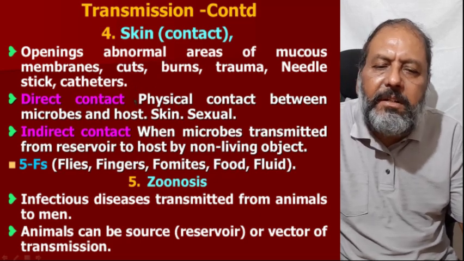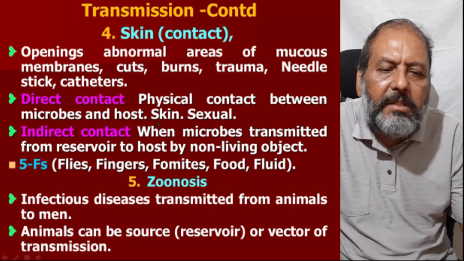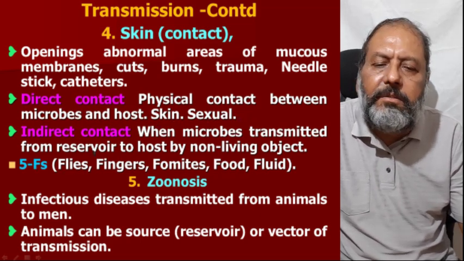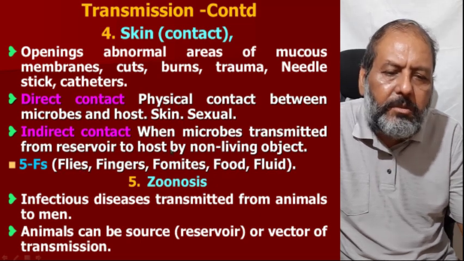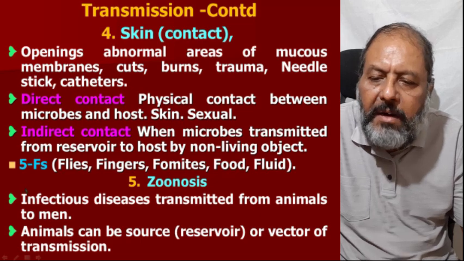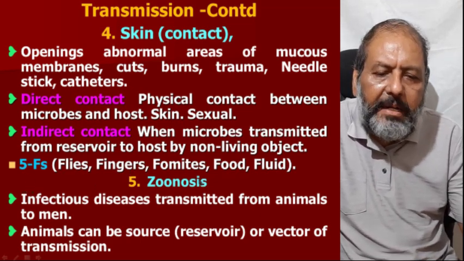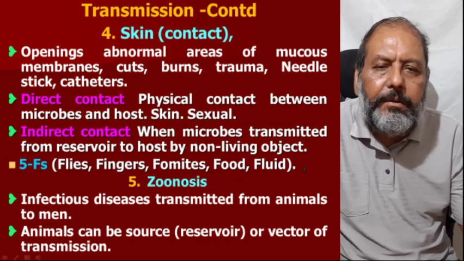It can be direct contact, physical contact between microbes and the host, like skin and sexual contact. Indirect contact is when microbes are transmitted from the reservoir to the host by non-living objects. These are the 5 F's: flies, fingers, fomites, the belongings of the patients, food and fluid.